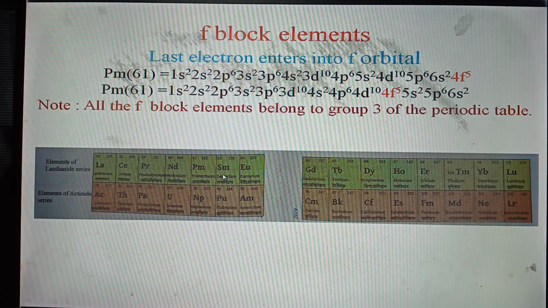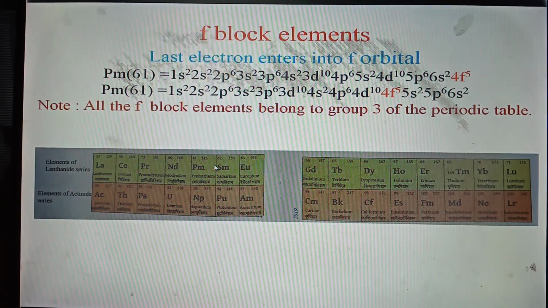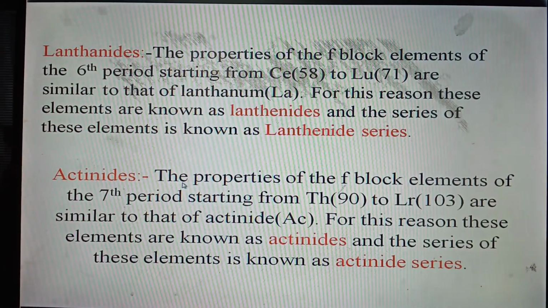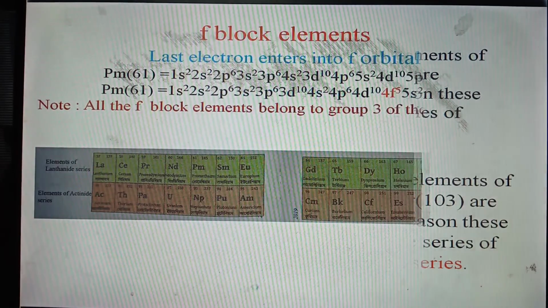Similarly, for the actinide series, the properties of the f block elements of the 7th period, starting from thorium 90 to lawrencium 103, are similar to that of actinium. For this reason, these elements are known as actinides, and the series of these elements is known as the actinide series. Let us have a look again.